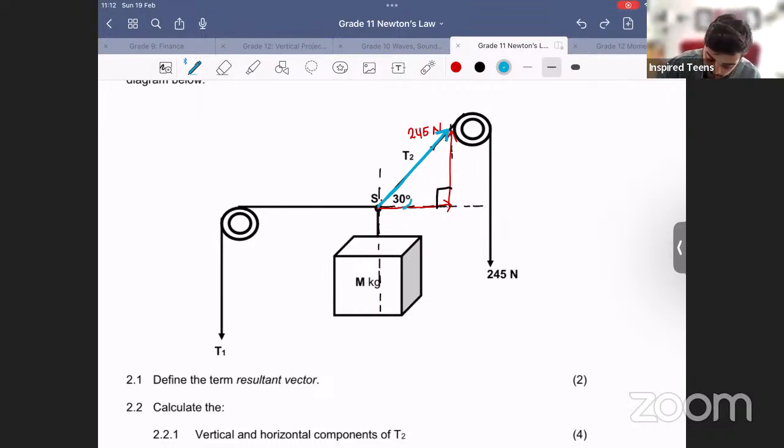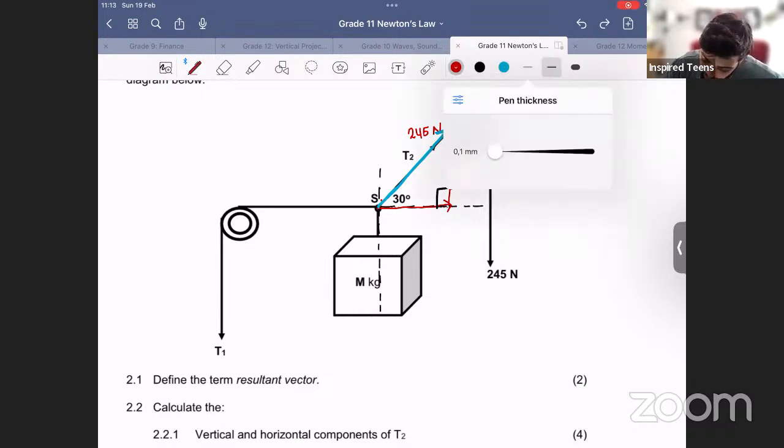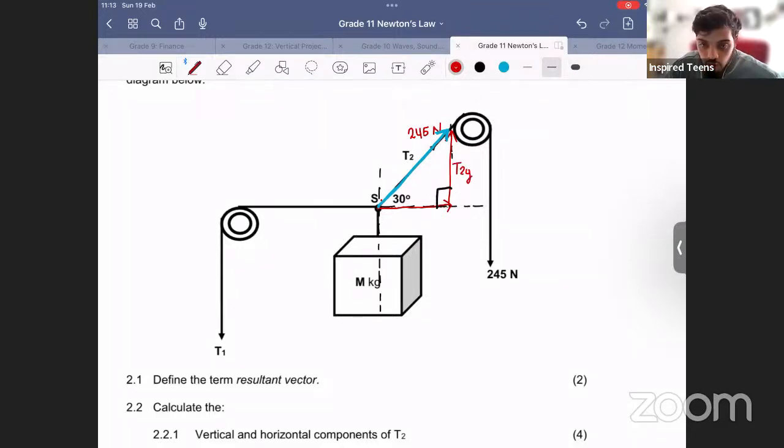Now, we have this angle. They want us to calculate the vertical and horizontal components, so let us call them T2y for vertical and T2x for horizontal.